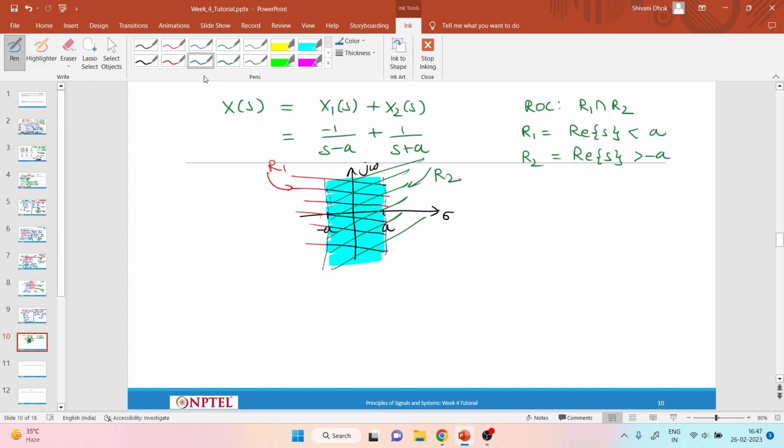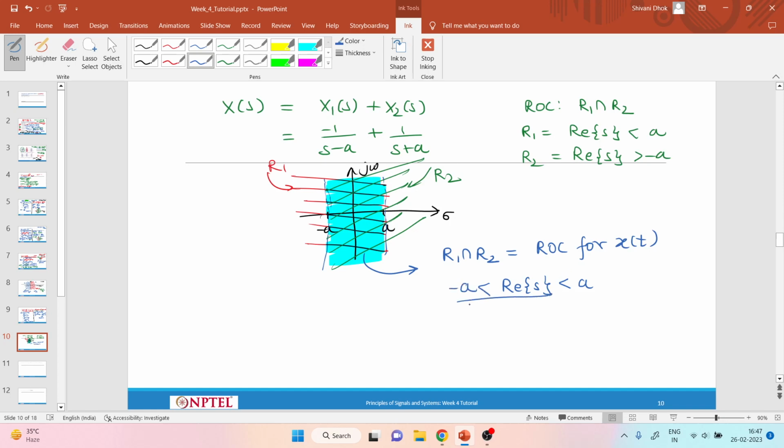This shaded region is simply R1 intersection R2, which is the region of convergence for X(s). And this I can write as the real part of s is less than a and greater than minus a.